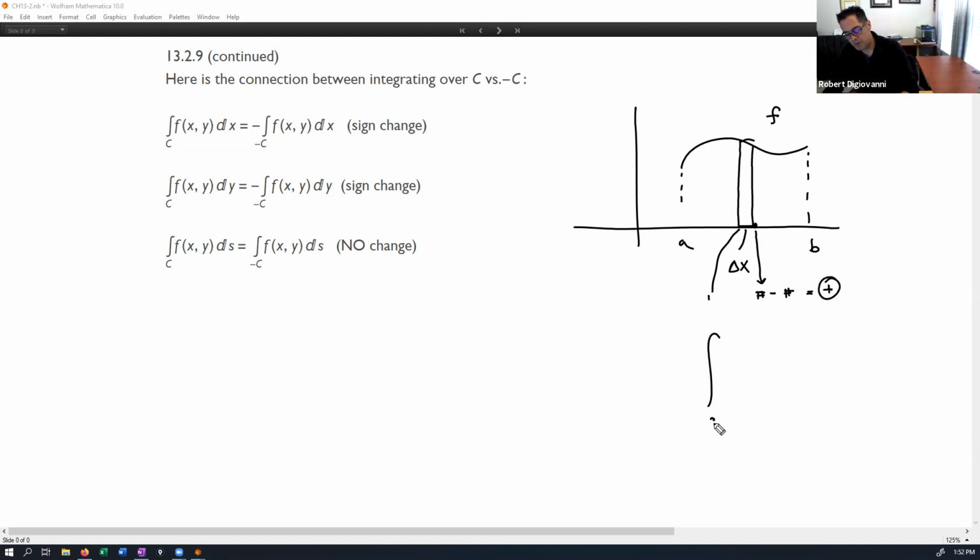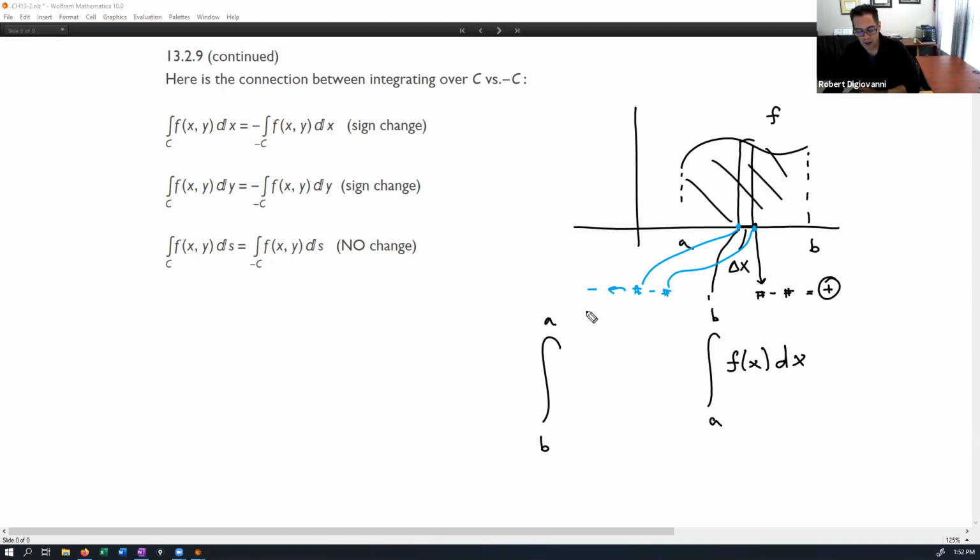And so the integral from A to B of f of x dx, that area will give you some answer. But if you reverse it and go from B to A, then you're taking this number and subtracting that number. And that will always be a negative number.